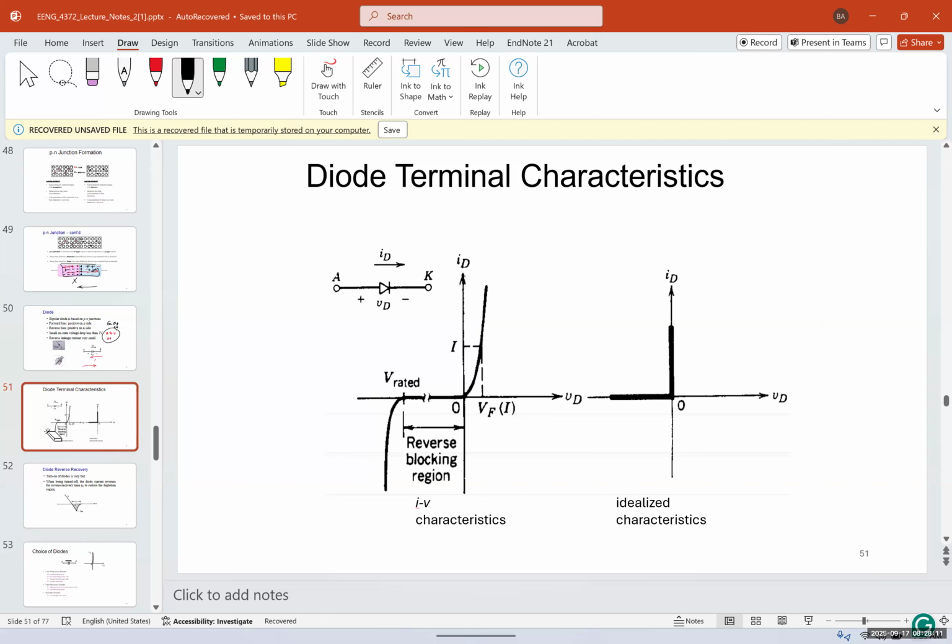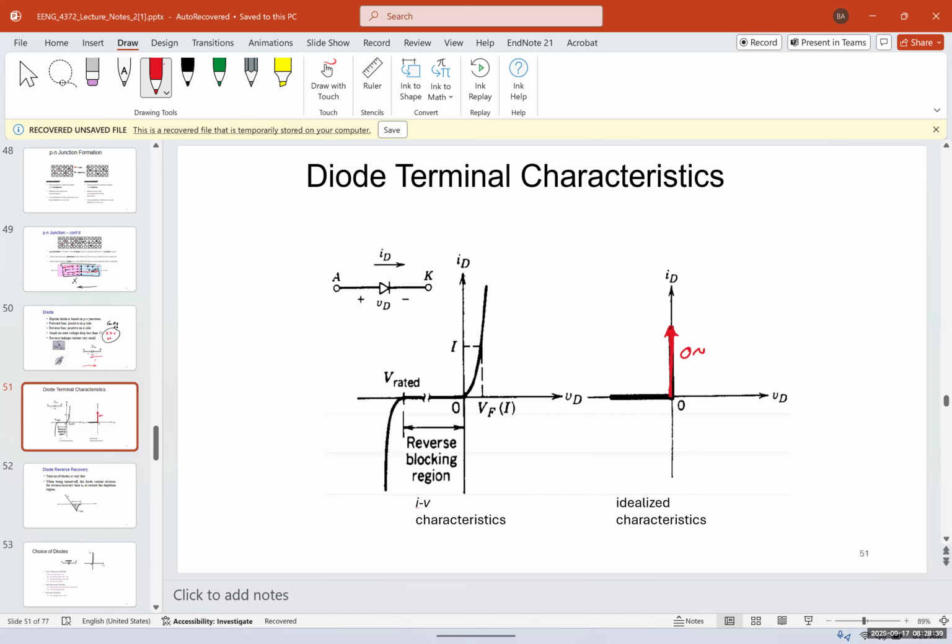On the left, you would see a real diode, and on the right is an ideal diode. For an ideal diode, as soon as the voltage becomes positive, it starts passing the current through in forward bias, and it's turned on.